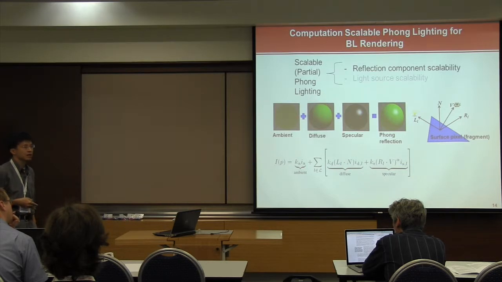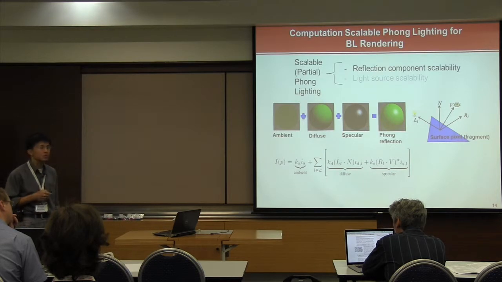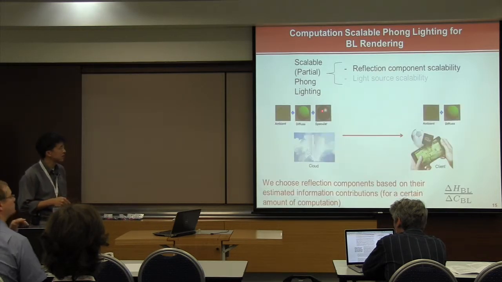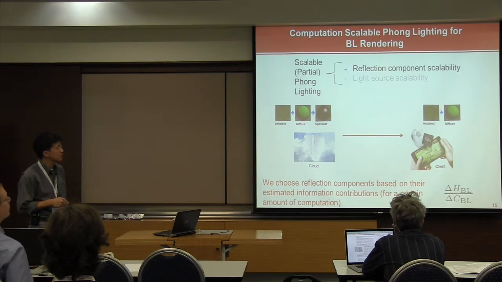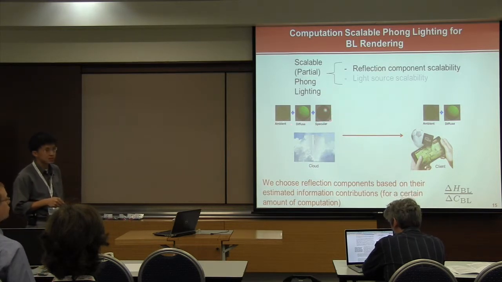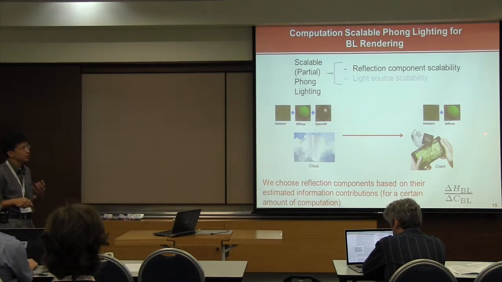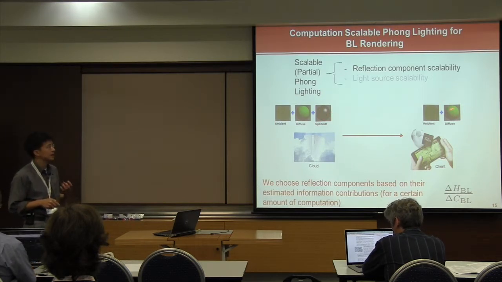Therefore, in our work, we propose a technique to estimate the information contribution by different reflection components. In the base layer rendering, we choose those reflection components that have significant information contribution.